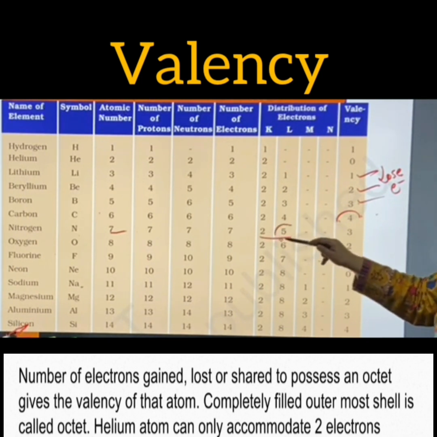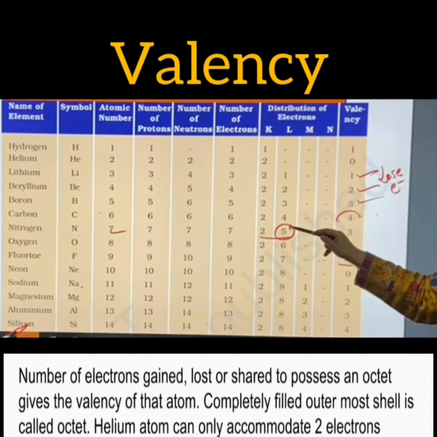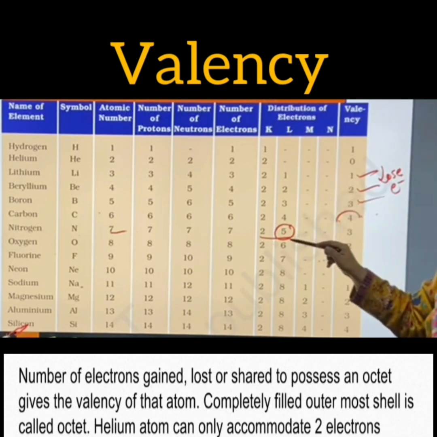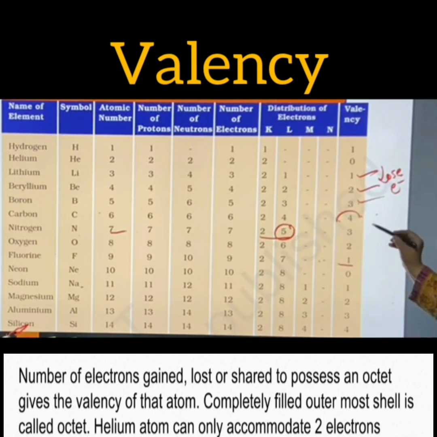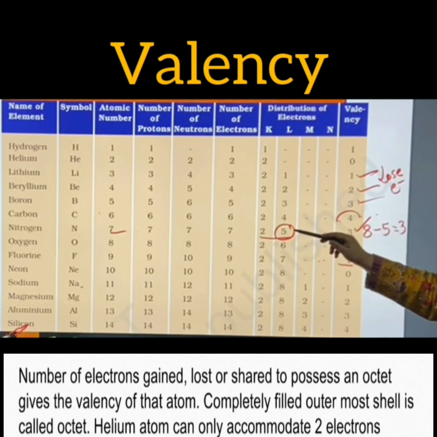That means it has 5 valence electrons in the outermost shell, and it requires 8 electrons to complete the octet. So 8 minus 5, the maximum number of electrons accommodated minus the valence electrons, gives the valency, that is 3. By gaining 3 electrons, nitrogen can complete its octet. So the valency is 3.